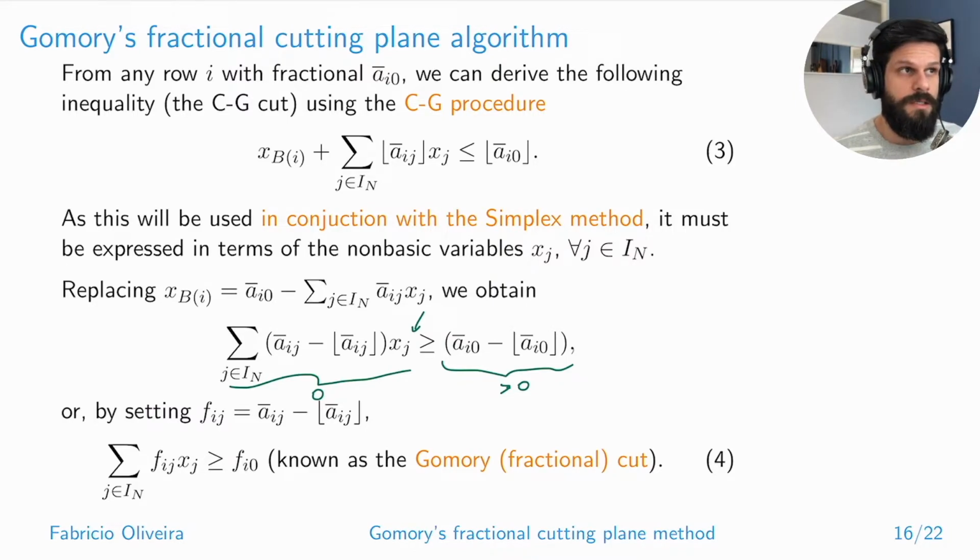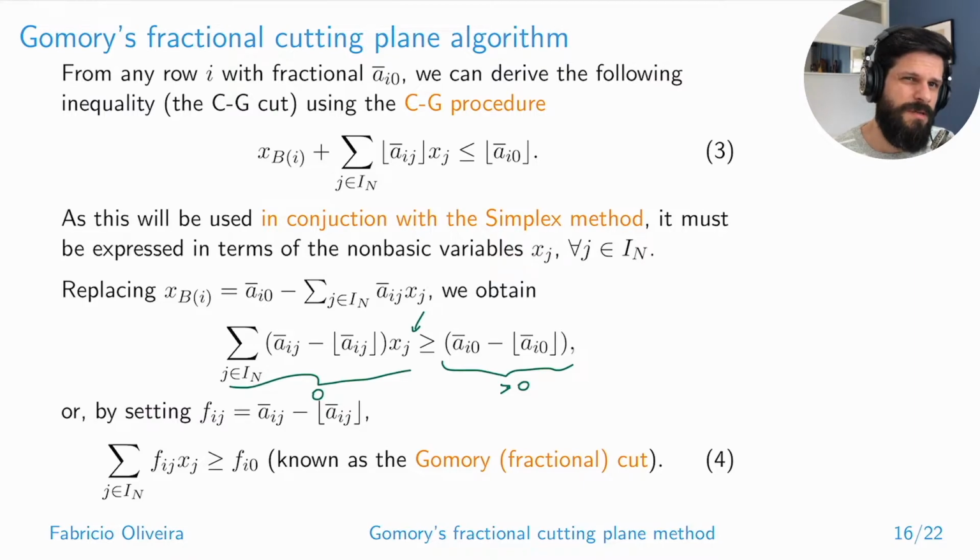And that's the key for the success of an efficient cutting plane method. It's having a separation problem that is efficiently solvable, or being able to find the separation hyperplanes efficiently. Okay, so this is just a nomenclature thing. This is sometimes referred to as the Chvátal-Gomory cut, and this is the Gomory cut or the Gomory Fractional Cut.